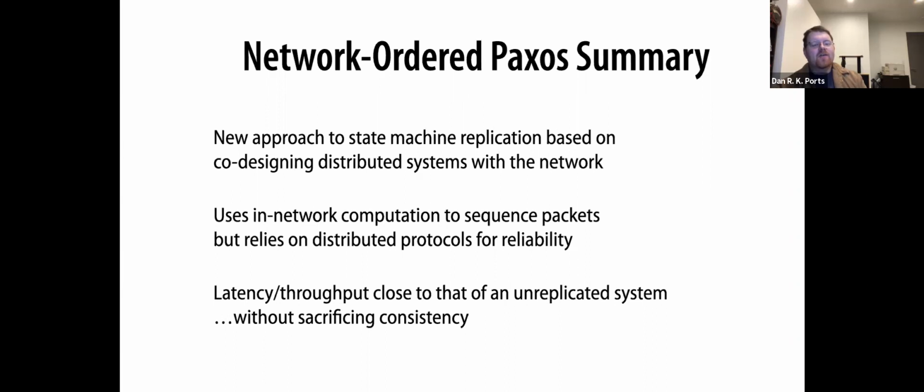Really, one way to think about what we're doing here is that we're taking a leader-oriented Paxos protocol, like multi-Paxos, Raft, or viewstamped replication, and we're optimizing it so that the role of the leader is so simplified that it could be placed in a programmable device. You could imagine trying to do something similar for Byzantine fault tolerance. I suspect that would be much more complicated just because of the need for cryptography, but we've looked a little bit into that, but not too far.